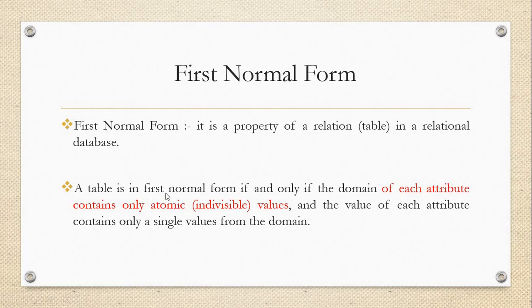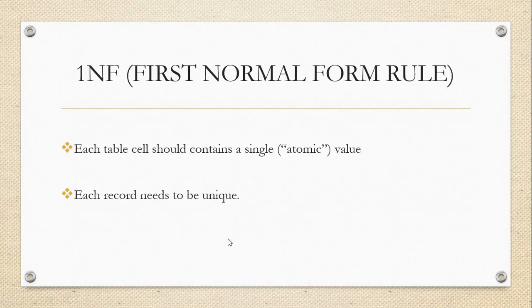A table is in first normal form if and only if the domain of each attribute contains only atomic values, and the value of each attribute contains only a single value. So let's take one example.